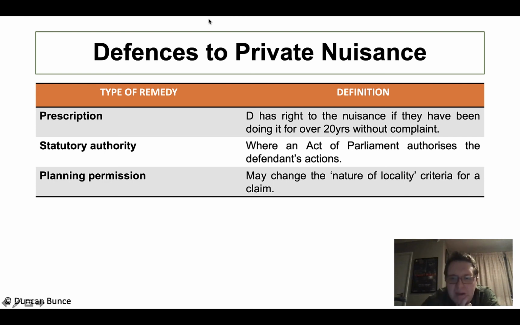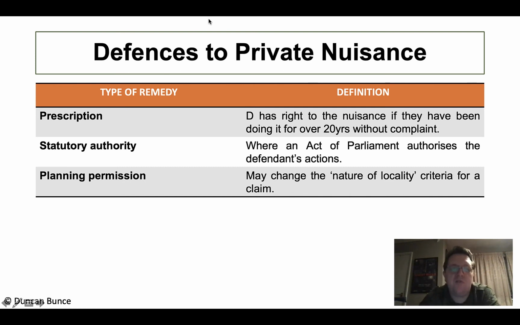And the last one, planning permission. Again, it's not a complete defence or anything, but planning permission can change the use of a property or an area, and of course, the more planning permissions there have been that change the use of a place, what I'm trying to get at here is the nature of the locality could change.